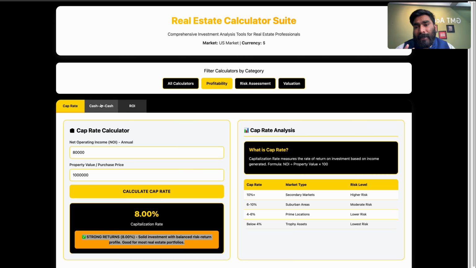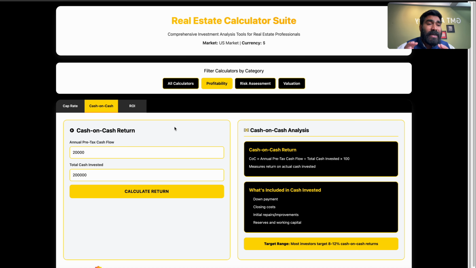All right, then the second one is cash on cash. Cash on cash measures return on actual cash invested. Let's say, assume in this context, we have invested $200K. Then how much cash have we received, which would be the pre-tax cash flow, right?